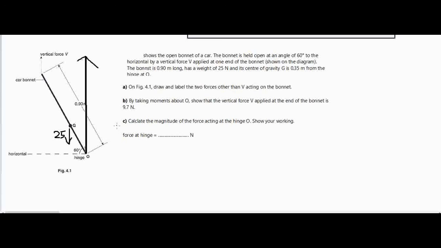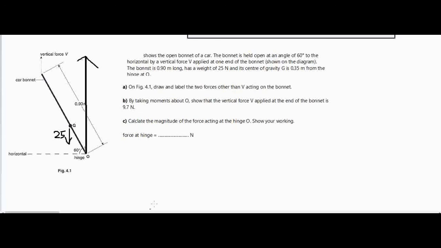Now the next one says, by taking moments about O, show that the vertical force V applied at the end of the bonnet is 9.7 newtons. So we're taking moments at O, and now we're going to look at the two other forces, G and V. V is in one direction and G is in another direction.